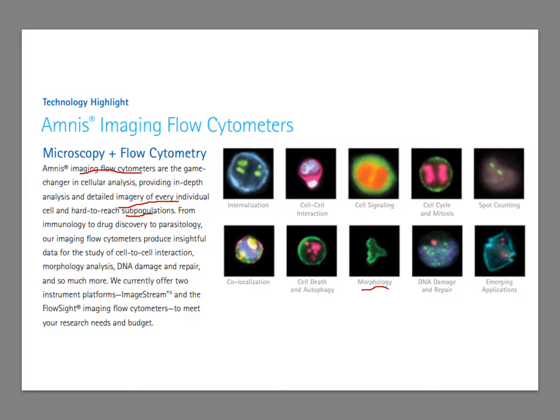They can get a snapshot of morphology, DNA damage, cell cycles, signaling, cell interactions, who's alive, who's dying, proteins inside together, co-localized or not. I thought that was really neat.